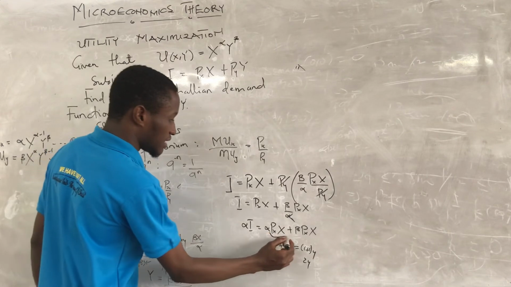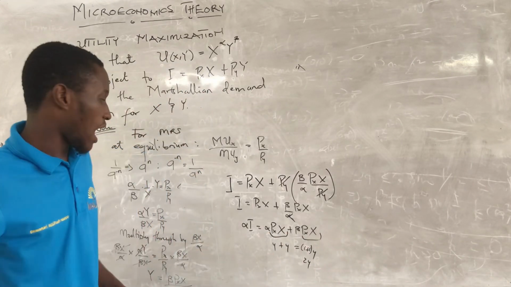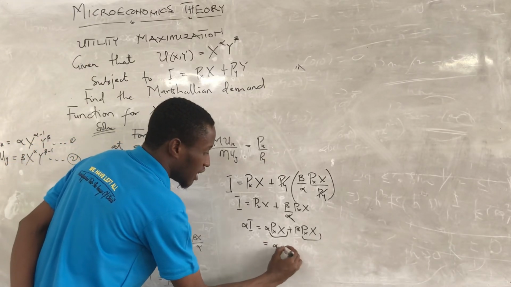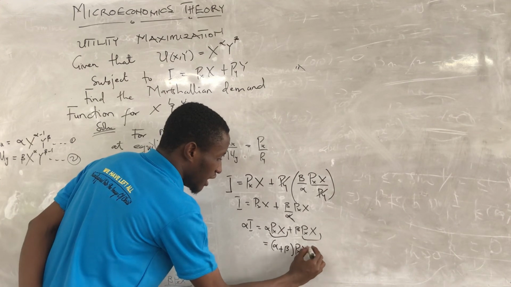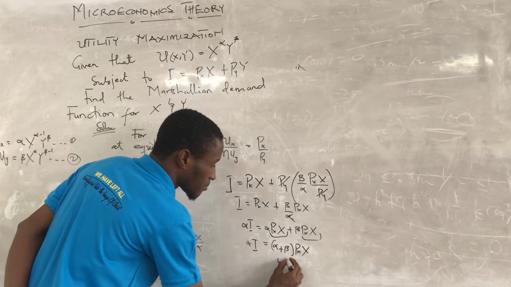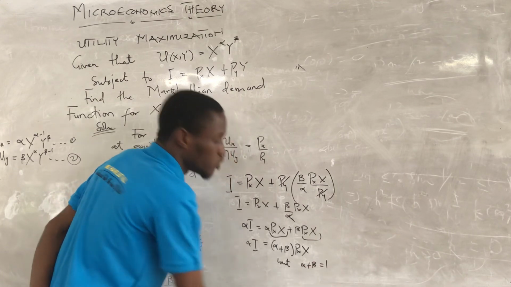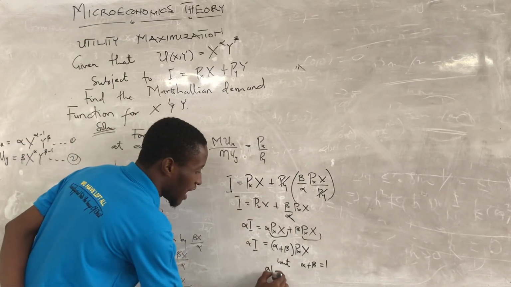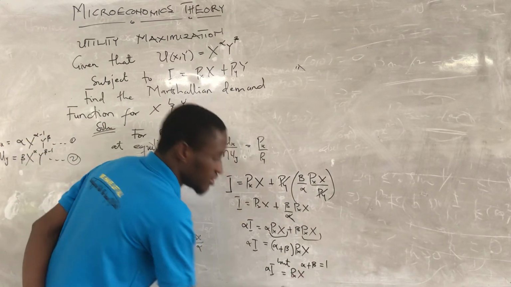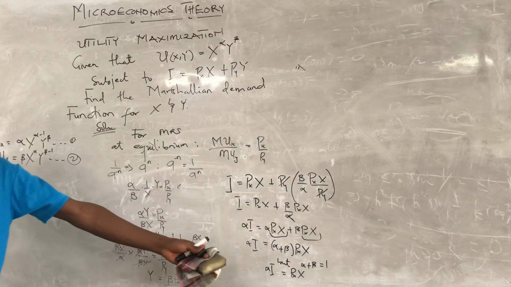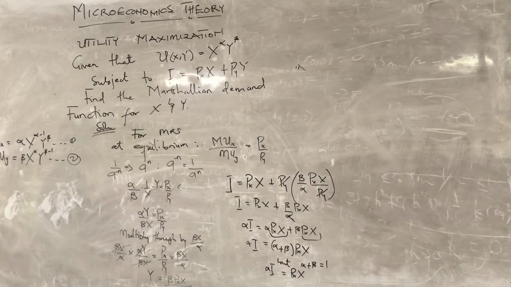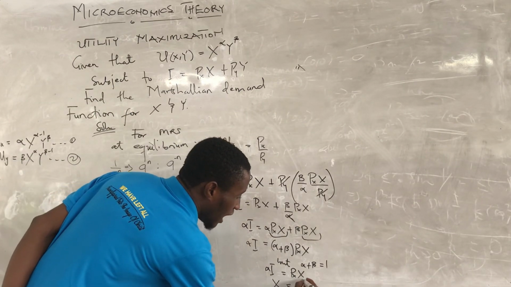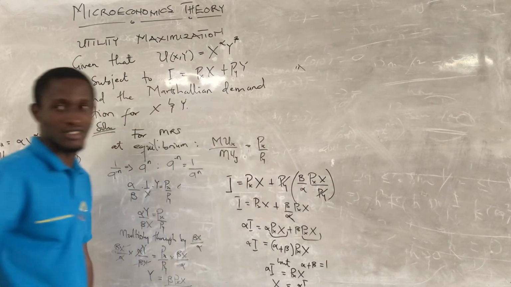In this case, Px x and Px x are the same, so I'll add their coefficients to get alpha plus beta, then Px x equals alpha I. But alpha plus beta is supposed to be equal to 1. So if it is equal to 1, I have alpha I equal to Px times x. So when I want to make x the subject, I'll divide through by Px. Then I'll have x equal to alpha I divided by Px.